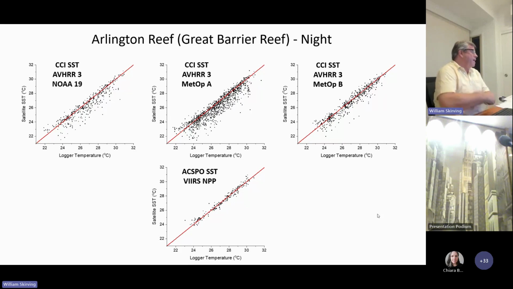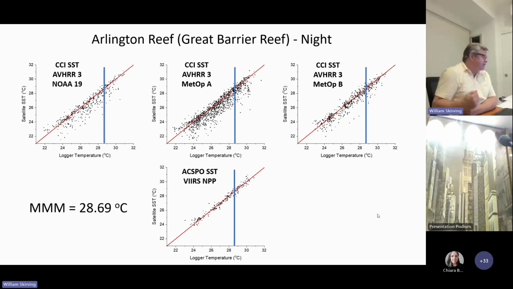So for nighttime, the first thing that springs to mind is that CCI was possibly having some cloud contamination issues, and AXPO did remarkably well, very impressive. The thing to point out, though, is that corals, generally speaking, won't get stressed until they go past the thermal threshold.